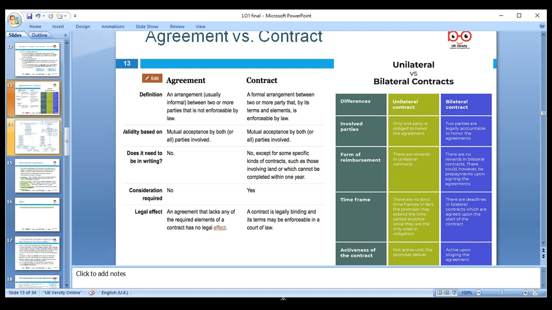Validity is based on mutual acceptance. Does it need to be written? No, neither needs to be written. It doesn't matter whether it is a contract or agreement. Consideration is not required in an agreement, but in a contract yes. So that is the key difference. We have all the differences in this slide.